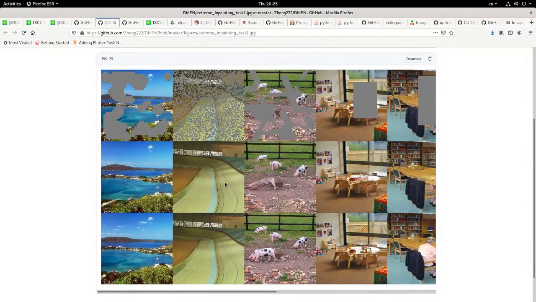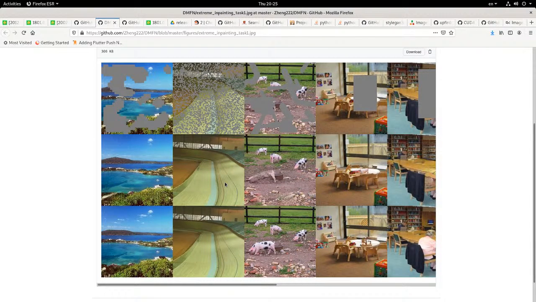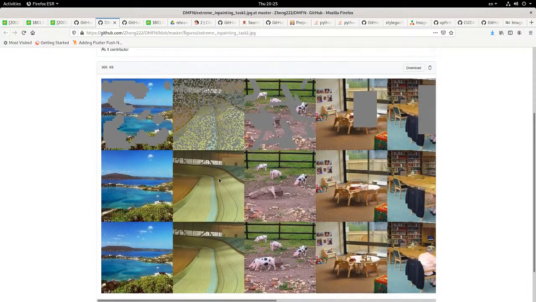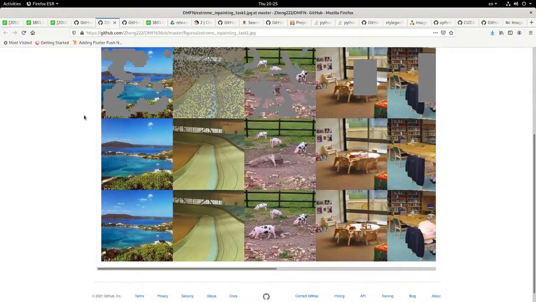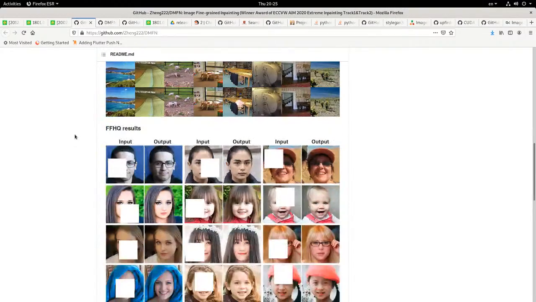Wow, this is true. This is amazing. Wait, no, hold on a second.